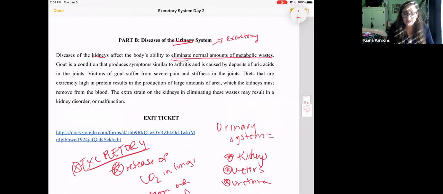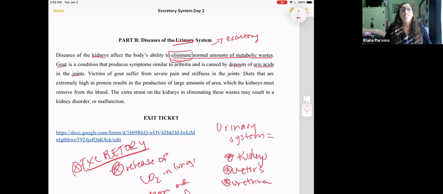And again, eliminate, excrete, release. Gout, for example, is a condition that produces similar symptoms to arthritis and is caused by deposits of uric acids in the joints. So if these uric acids can't be released, they build up, and one of the places they build up is in the joints. So again, uric acids are those excess amino acids. If they can't be released, they build up in the joints.